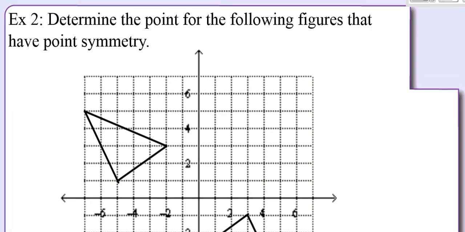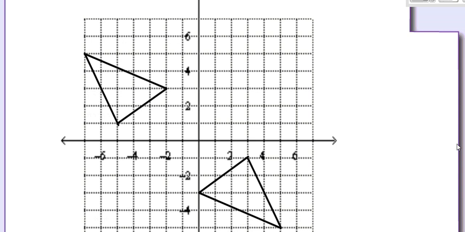All right, so now moving on to some real math-like examples. Determine the point for the following figures that have point symmetry. So we're trying to figure out what point we can rotate around that's going to match this up.